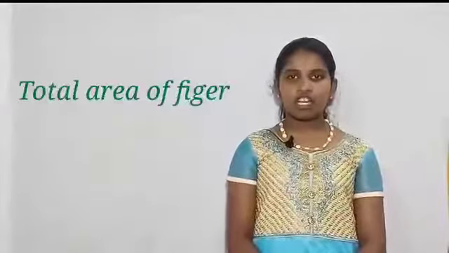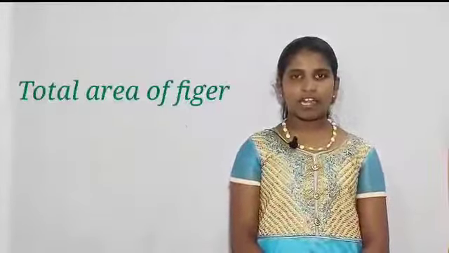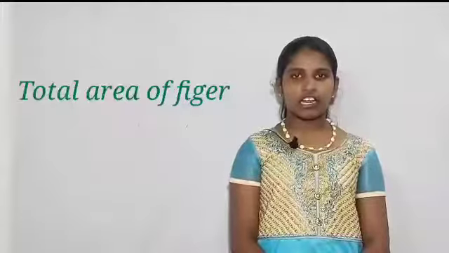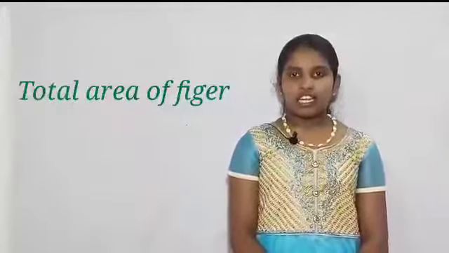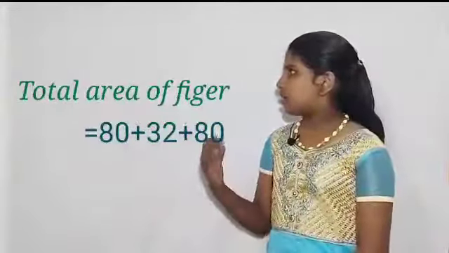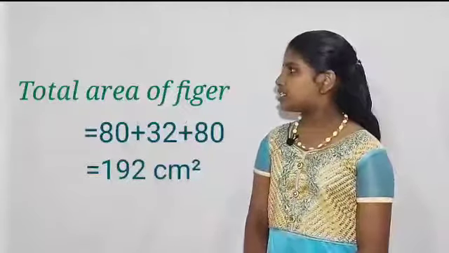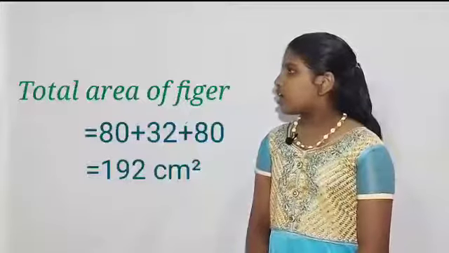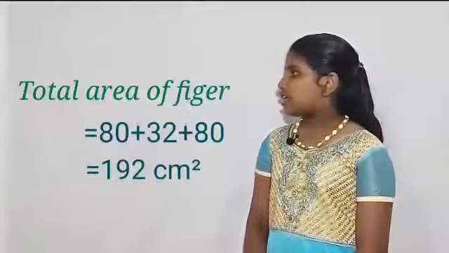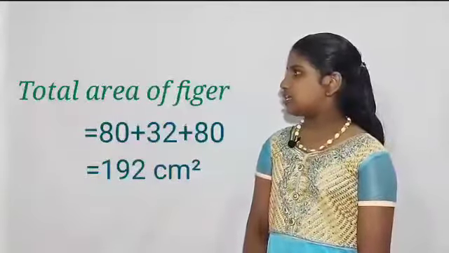Last, we get the total area of this figure by adding the areas of the 3 rectangles, that is 18 centimeter square plus 32 centimeter square plus 18 centimeter square. The answer is 192 centimeter square.